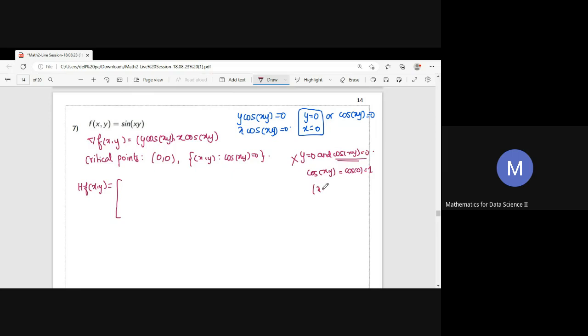There is no (x, y) which satisfies both conditions. Suppose the point is (x, 0): you already know y is 0, so can cos xy be equal to 0 for this point? No. So there is no (x, y) for which both conditions can happen. Such a point does not exist.